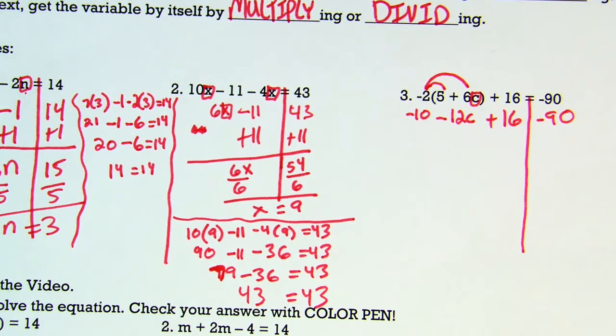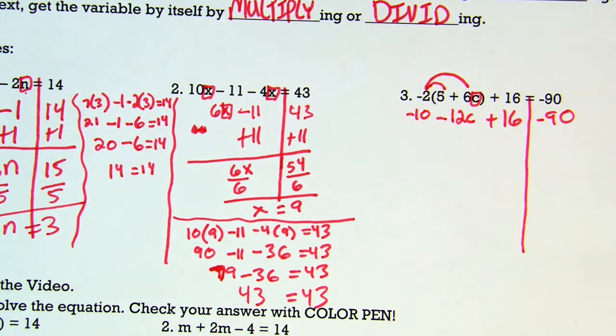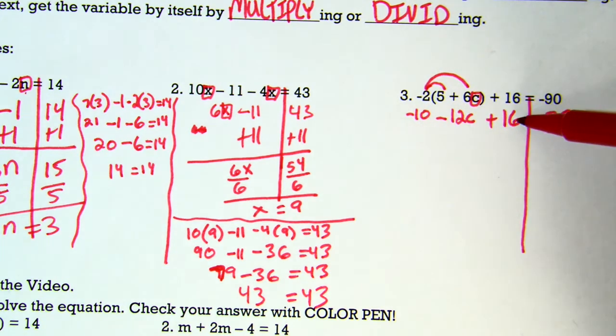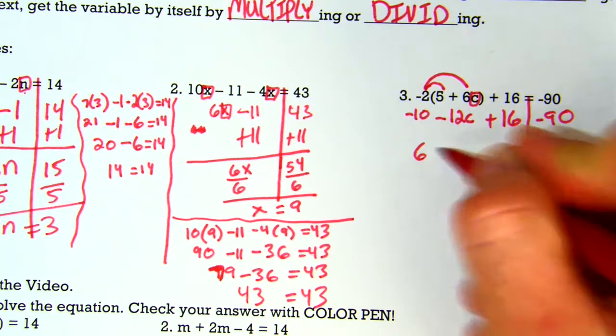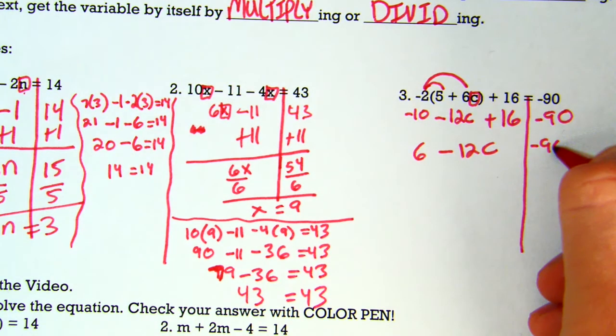Now my like terms this time are not with the variable, they're actually just numbers by themselves. So I have a negative 10 plus 16, and negative 10 plus 16 is a positive 6. So 6, it's positive. Bring down my minus 12c, which is negative 90.